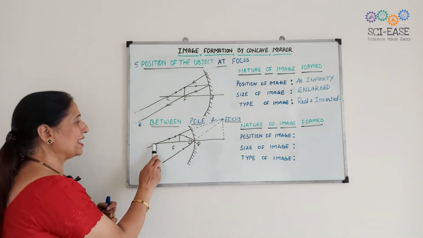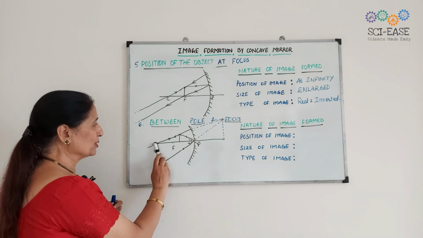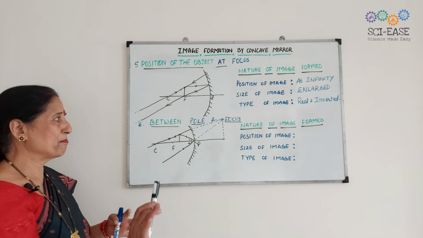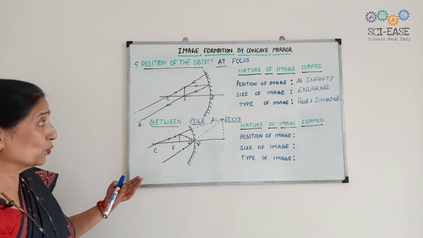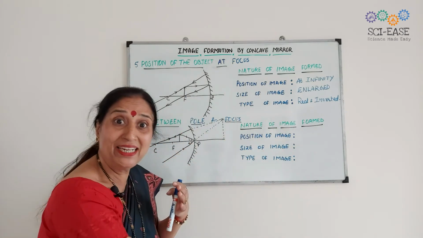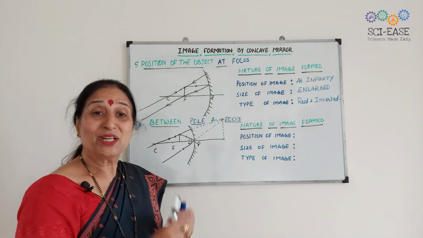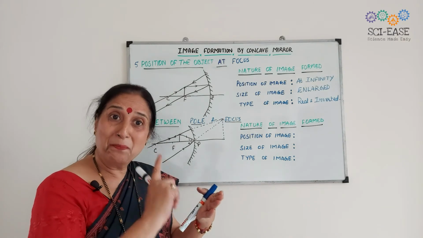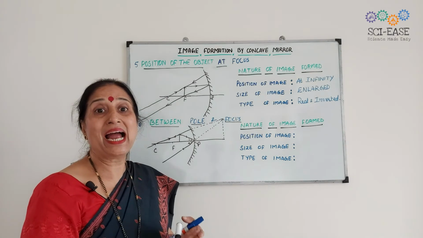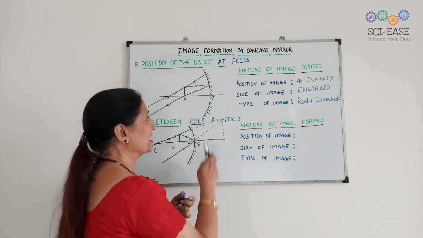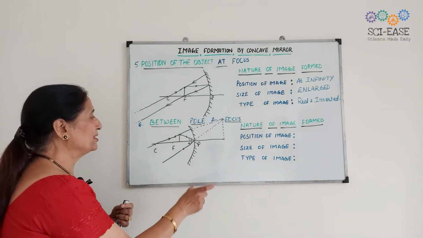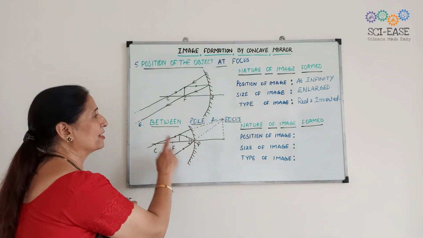The second ray will pass through center of curvature and return back on the same path. Where these two rays meet, they will appear to meet behind the mirror. So here a bigger, enlarged, as well as virtual and erect image is formed when the object is between pole and focus.